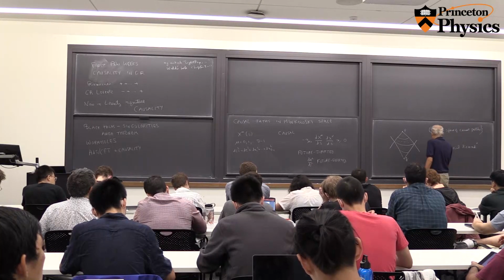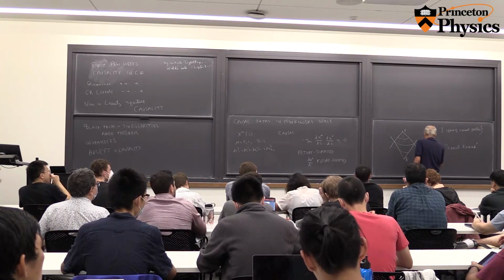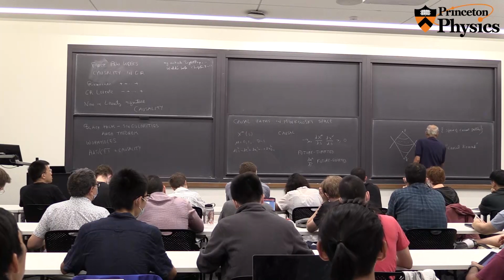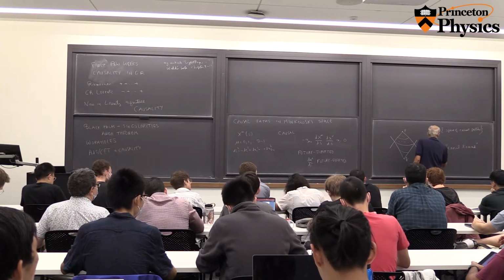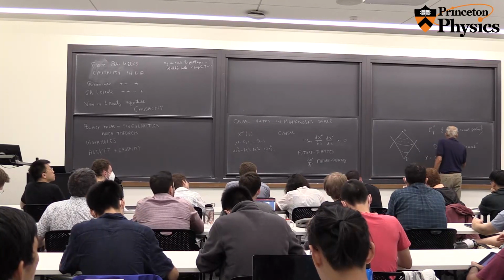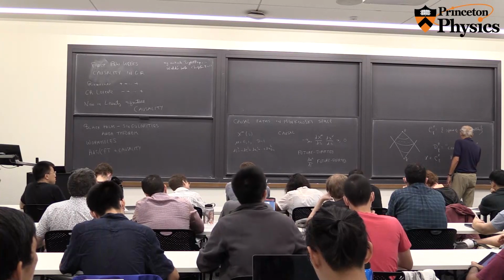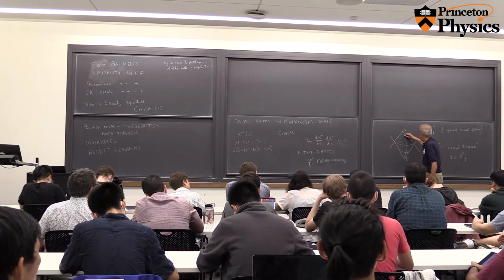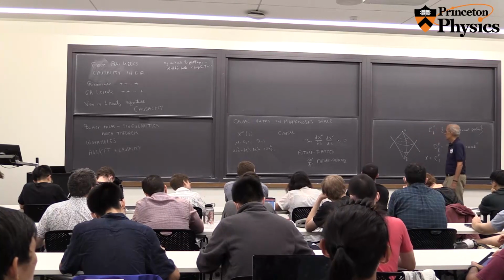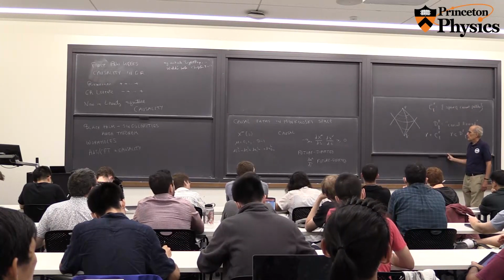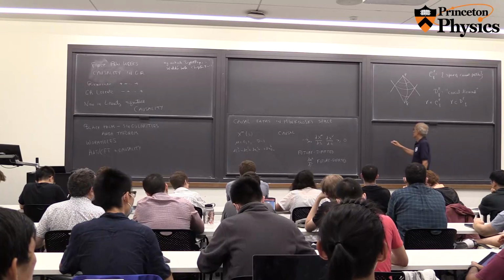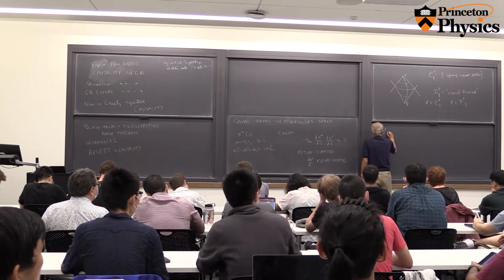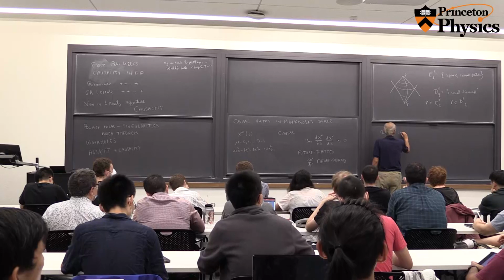So, if gamma is a causal path from Q to P, then it's contained entirely inside D_PQ. And D_PQ is, of course, compact.